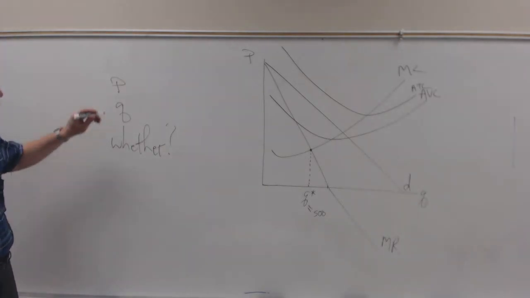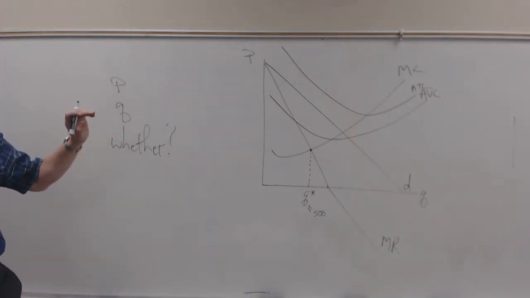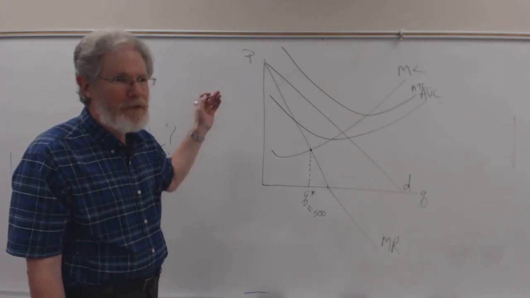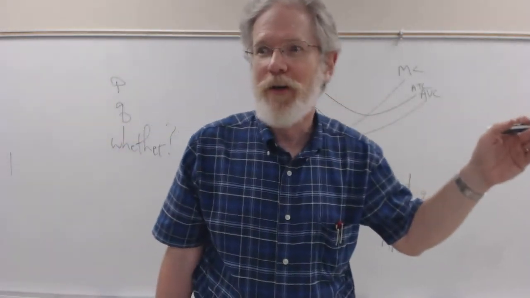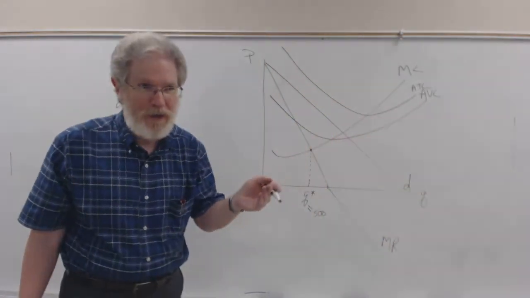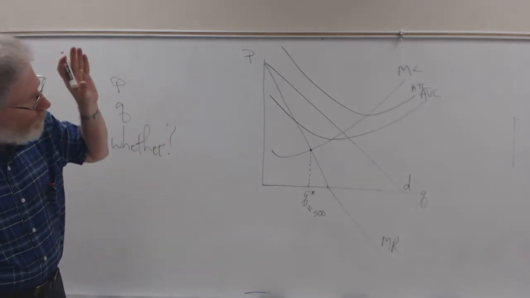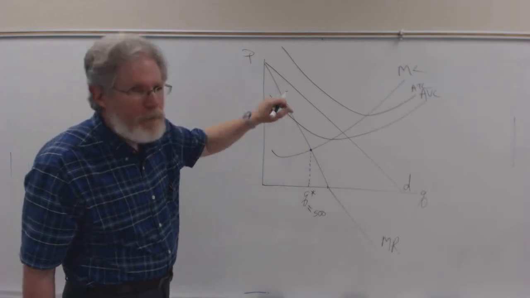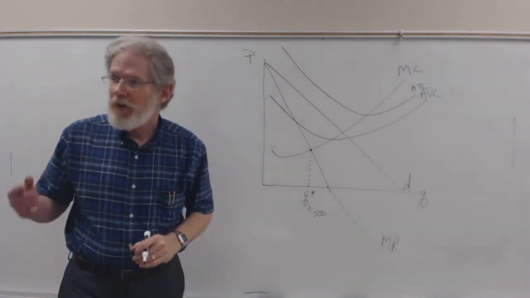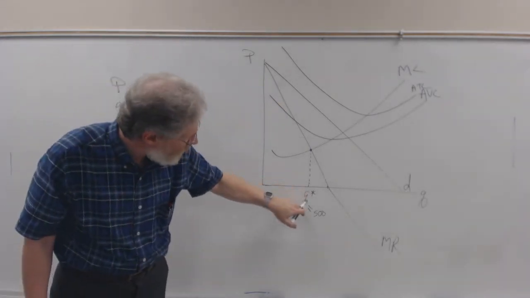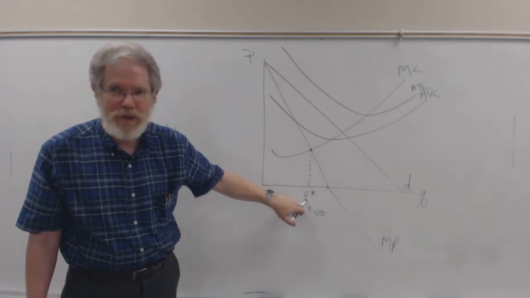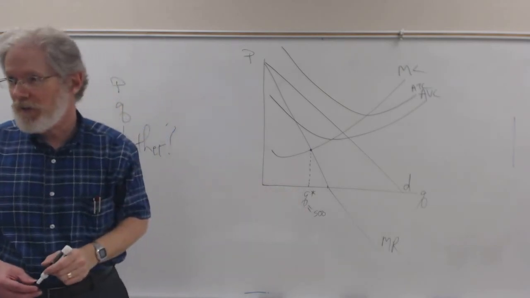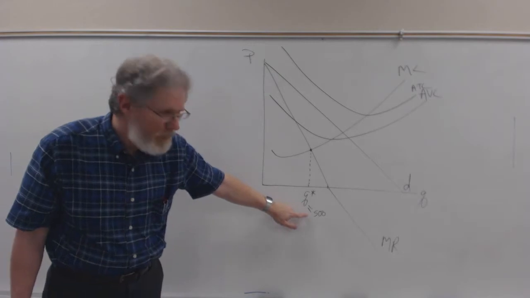Next question, what price is he going to charge? He'd like to charge $1 million per unit. But nobody will buy from him if he does that. So the price he can charge is limited by the demand curve. You know he wants to produce 500 units, so the question is, what's the highest price he can charge and still sell 500 units?